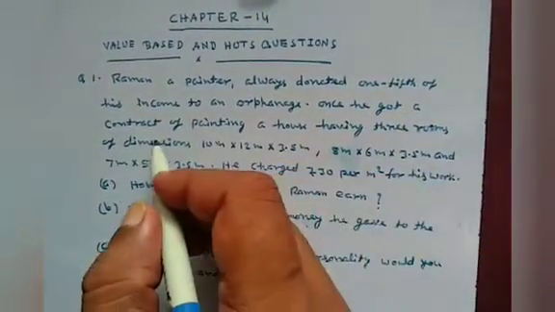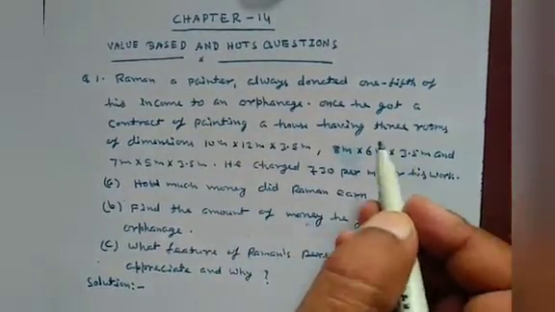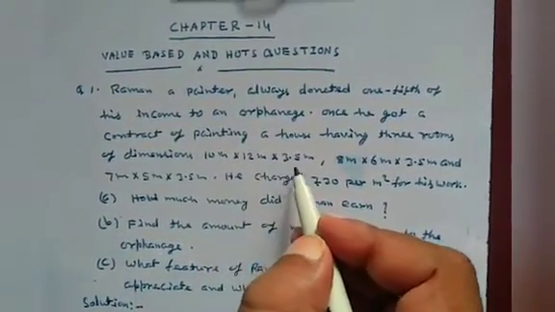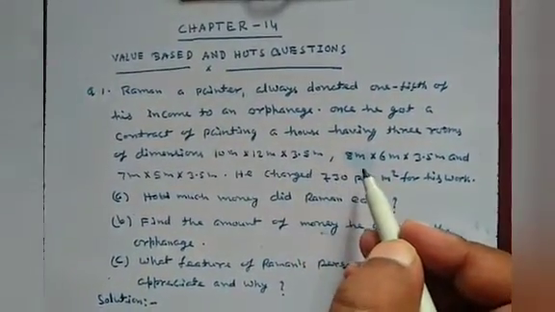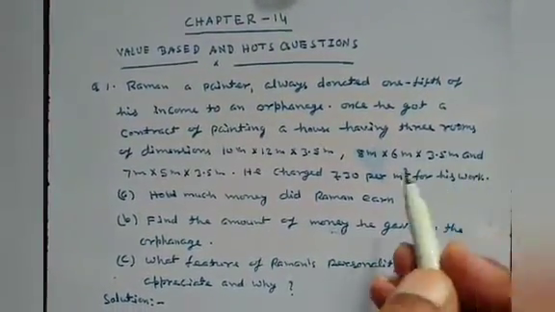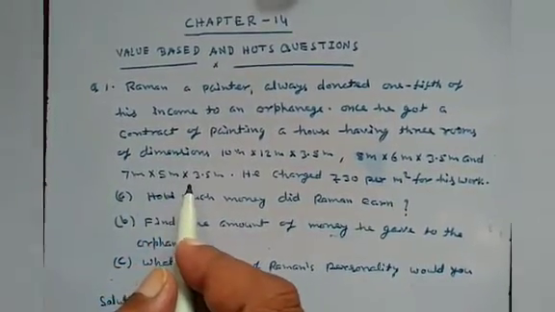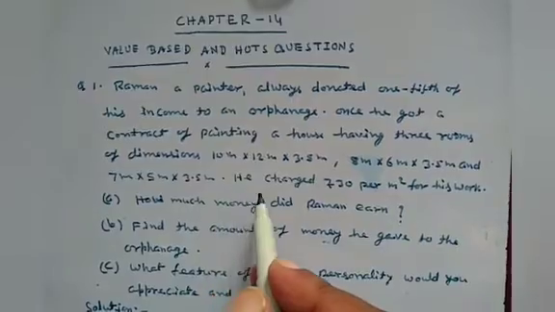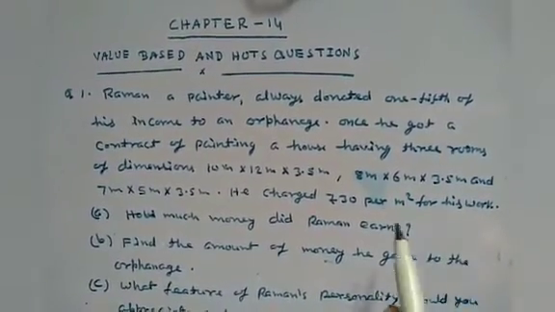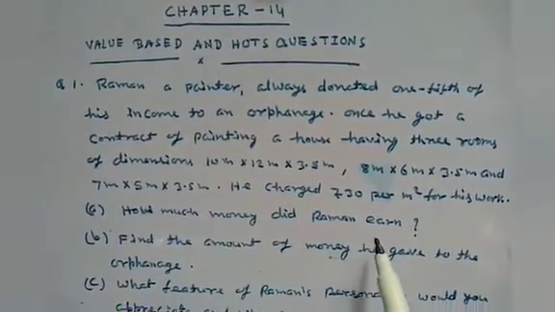Once he got a contract of painting a house having 3 rooms of dimensions 10 meter by 12 meter by 3.5 meter, second 8 meter by 6 meter by 3.5 meter, and third 7 meter by 5 meter by 3.5 meter. He charged rupees 30 per meter square for his work. You have to find how much money did Raman earn.